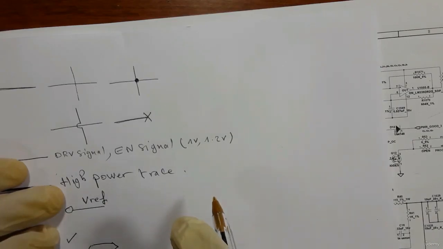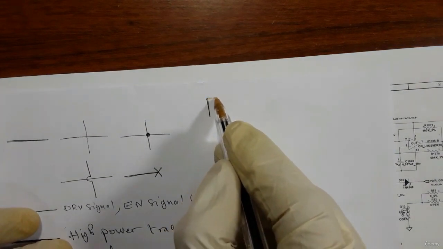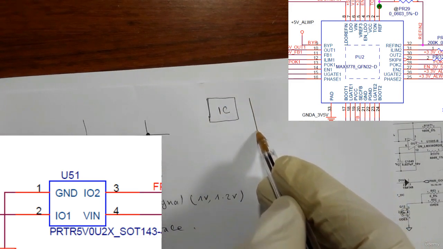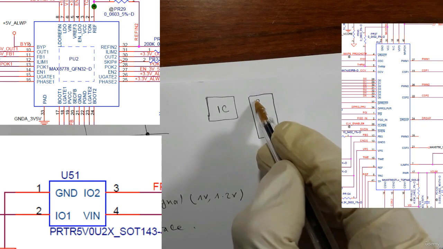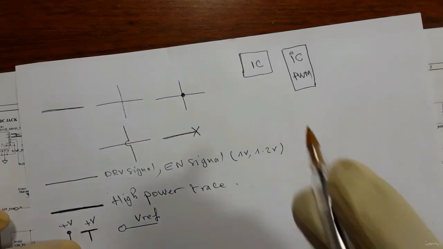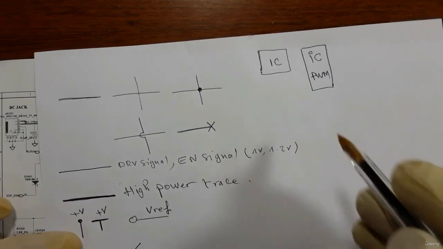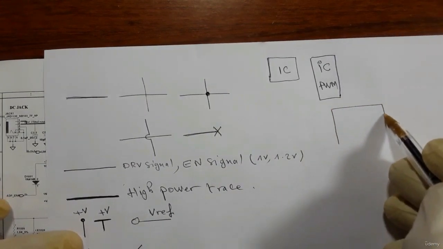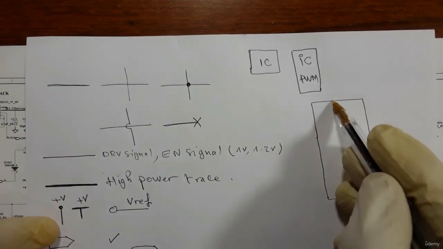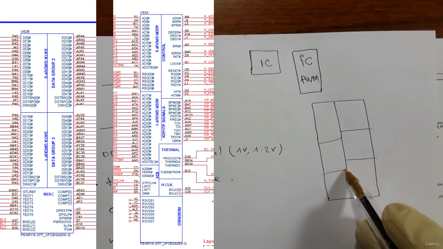What about the ICs? The IC in the motherboard is indicated with a square like this, or even a rectangle like this, IC, or power management. I will show you all this in the motherboard and in the schematic. You will also find this form in the motherboard, with many rectangles and squares.